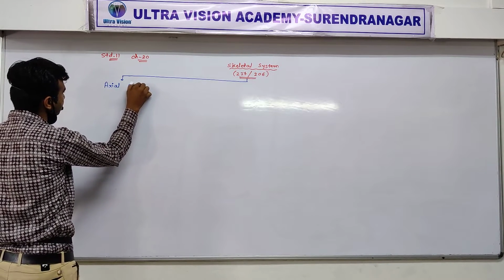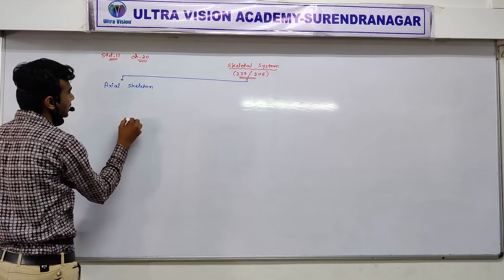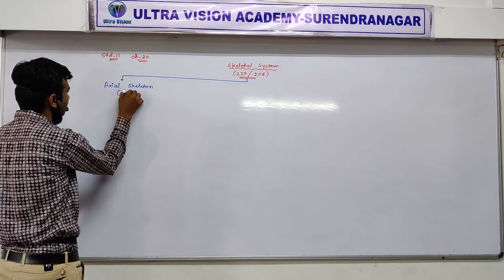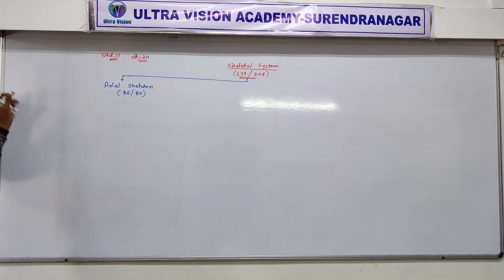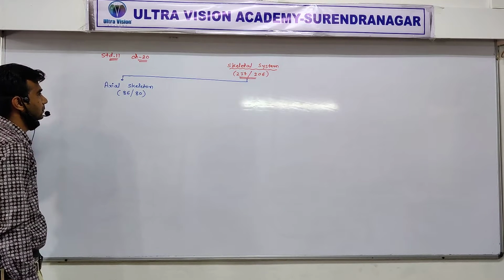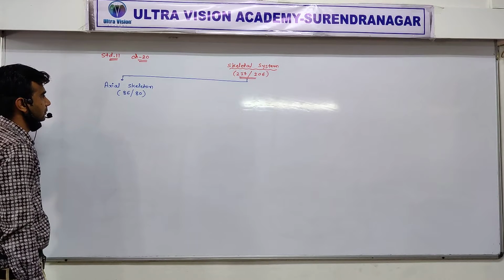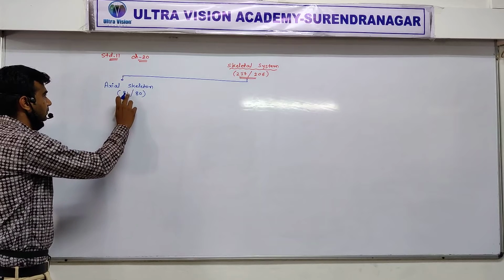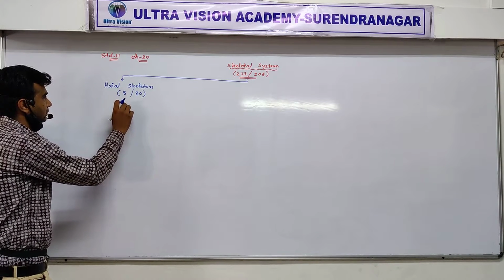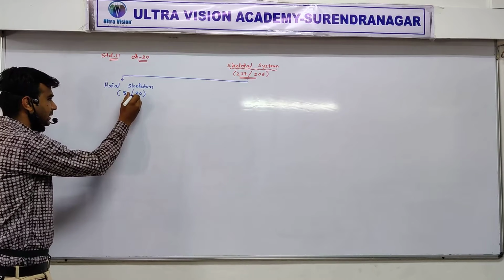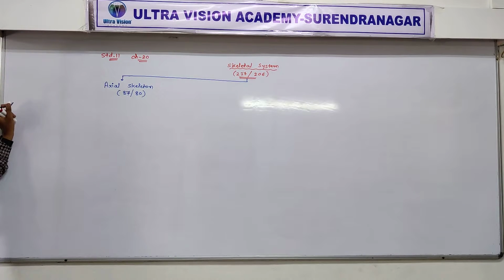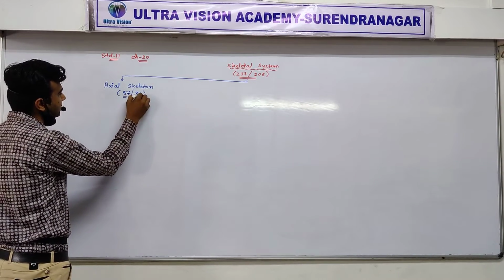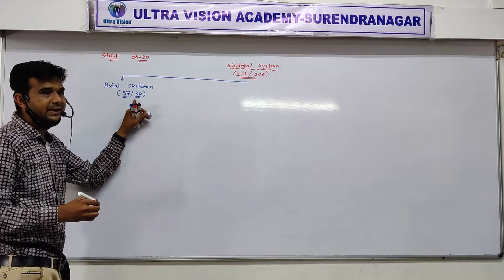Axial skeleton, okay, it consists, actually 87 bones but become 80 bones. 80 bones are there in the axial skeleton.